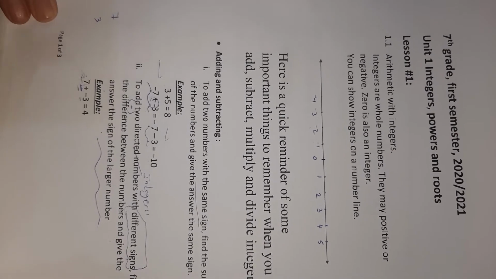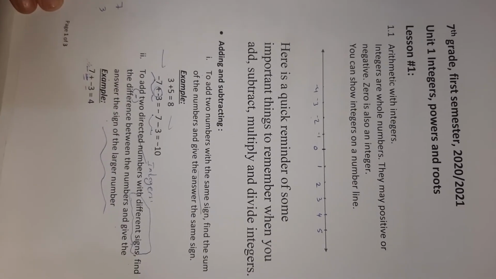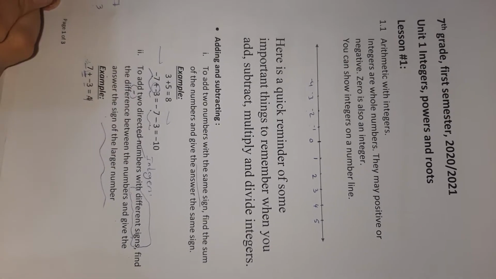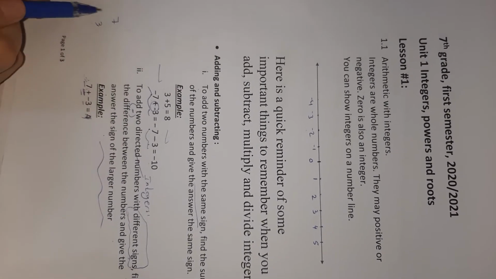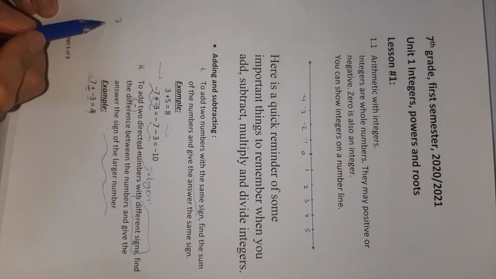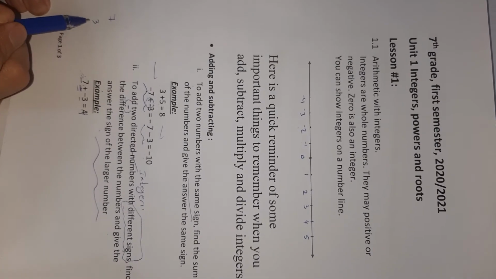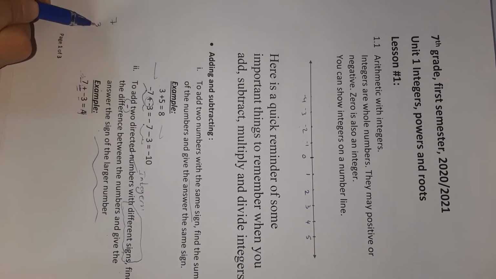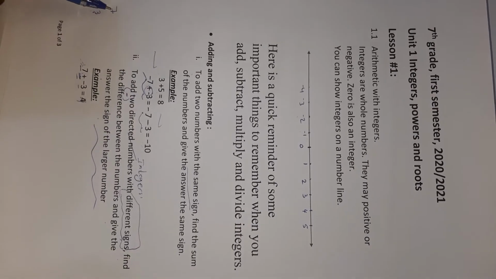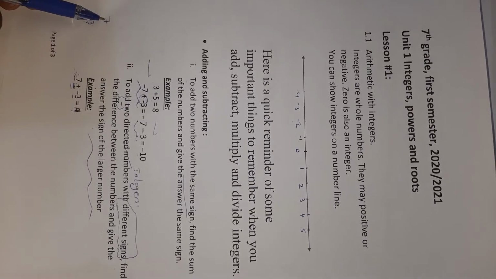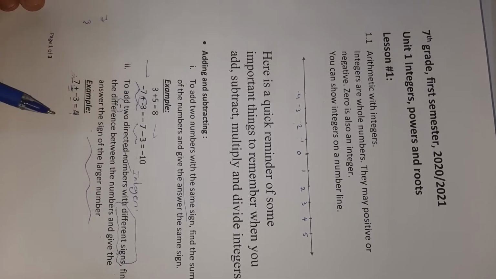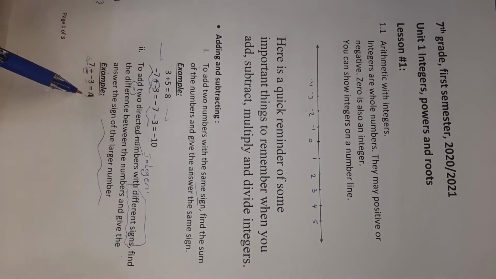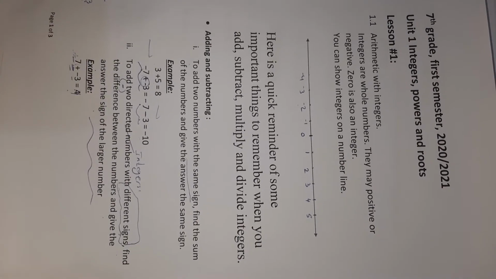Find the difference between them: 7 minus 3, 4. Right? Now look at these two numbers, 7 and 3. Which is larger? 7 is larger than 3. 7 has a positive sign, so your answer must be positive. That's why 4 means positive 4.